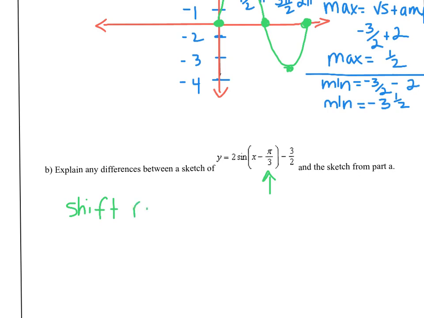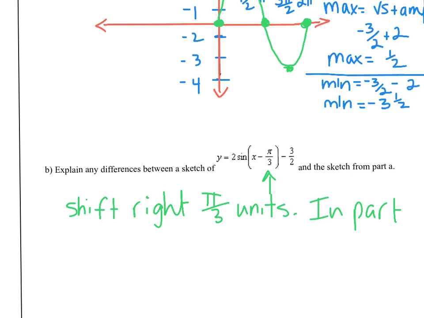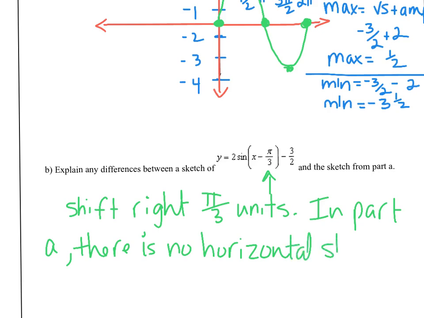So we have a shift right pi over 3 units. In part A, and I did say this, but I'll repeat myself, there is no horizontal shift. And there you go.